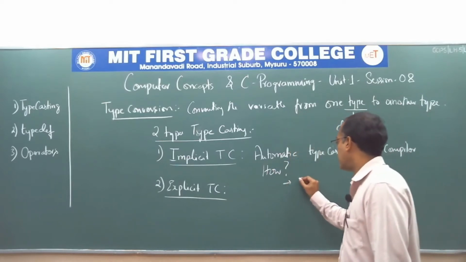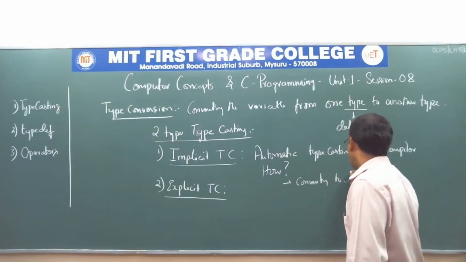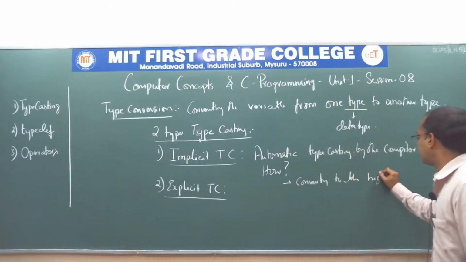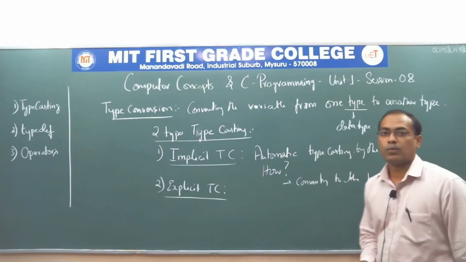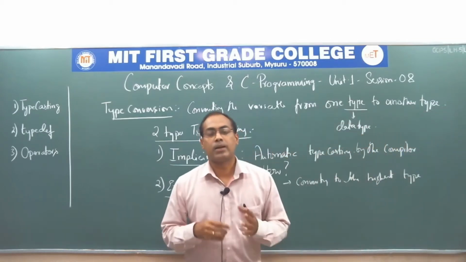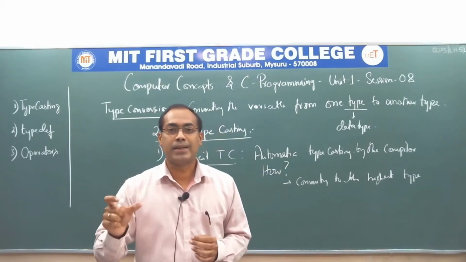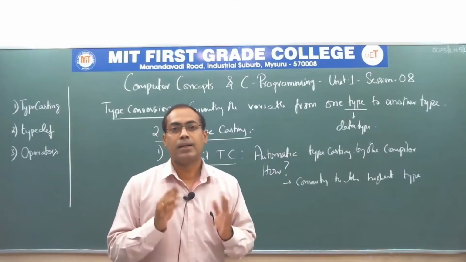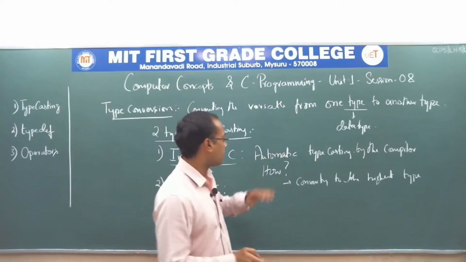It does based on converting to the highest type. What it means, whenever there are variables or operands, it will look into the highest sized data type and then conversion will be made according to the highest. So that is the first.